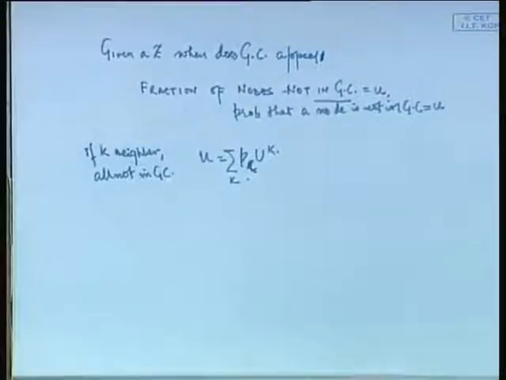U is the probability that a node is not in the giant component. Both u's are the same. First, the probability that I am not in the giant component is the probability that all my k neighbors are not in the giant component, and that probability is u to the power k.